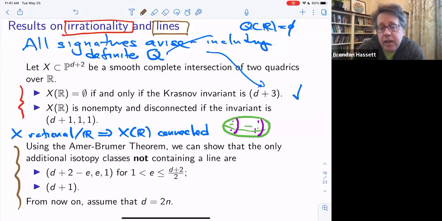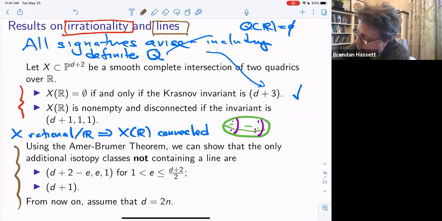We can use the Amer-Brumer theorem to show that the only isotopy classes, other than these two topologically problematic ones, are given in this classification here. And so there's a very small number of possible Krasnov invariants that might not have lines. And so this observation proves rationality in almost all the Krasnov classes, except for the short list.